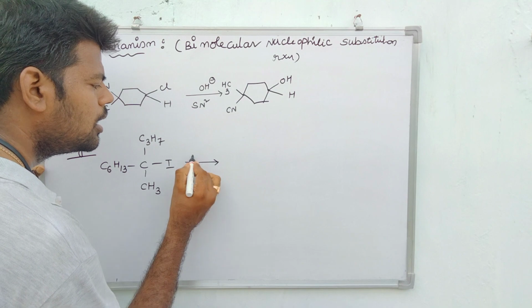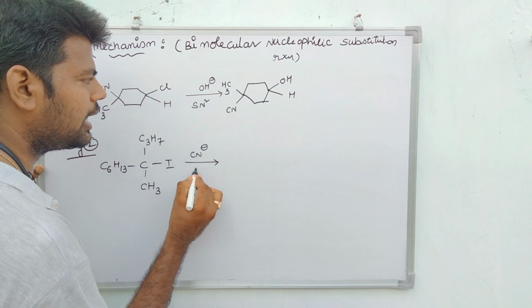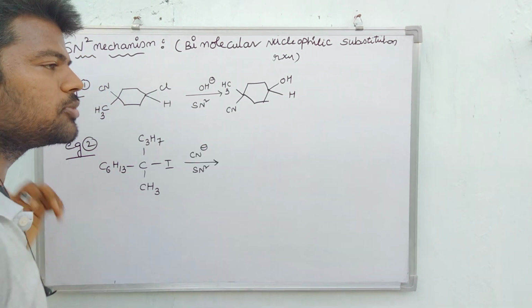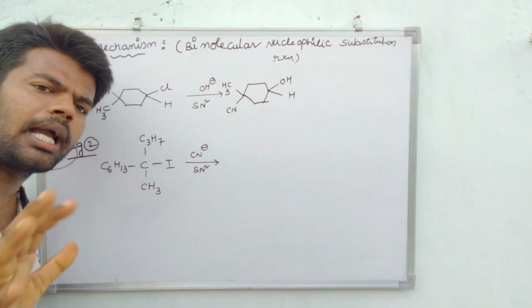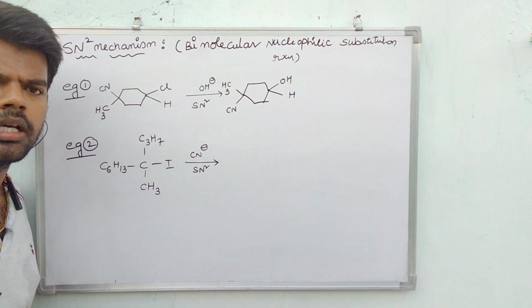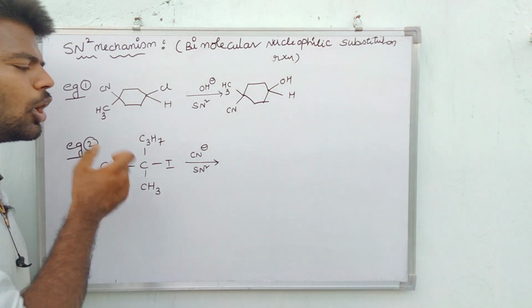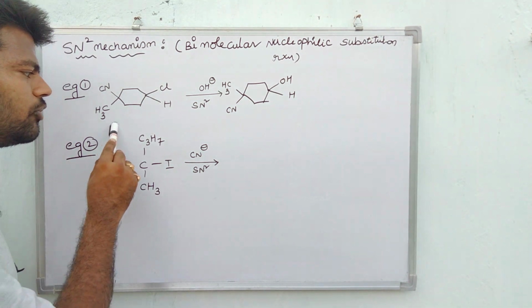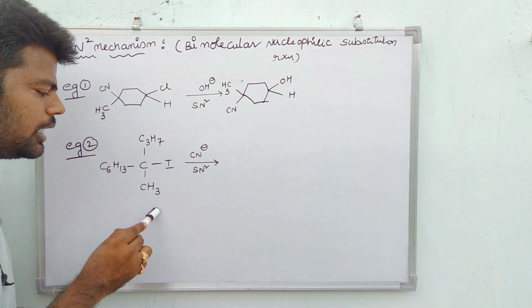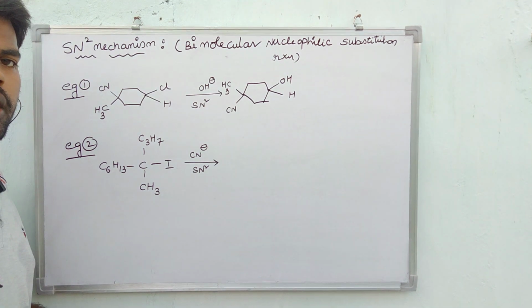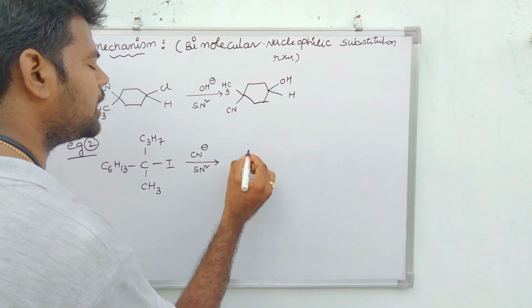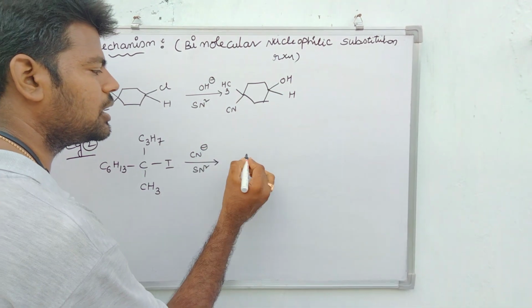On this, suppose the CN minus group attacks. Which mechanism is it involved in? The SN2 mechanism. Same thing: what will happen? Reverse configuration is obtained. Initially we know which type of configuration? It is said to be an R configuration. The R configuration will automatically be converted to the reverse configuration.